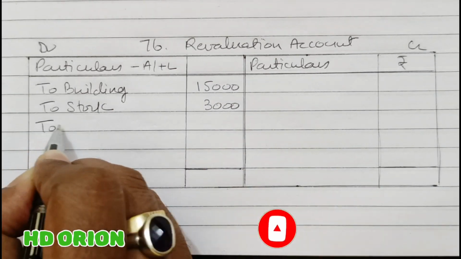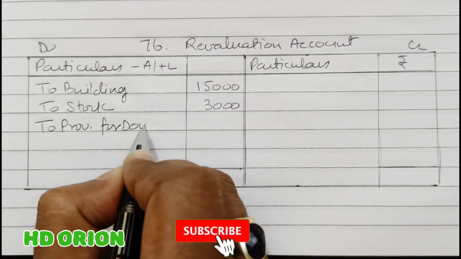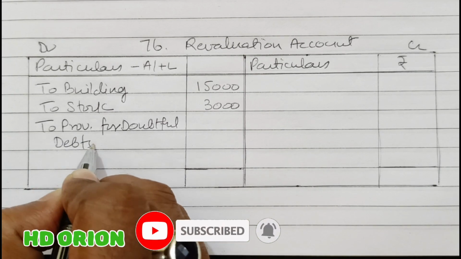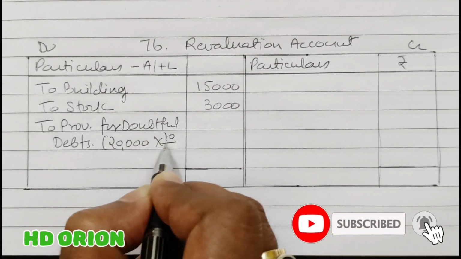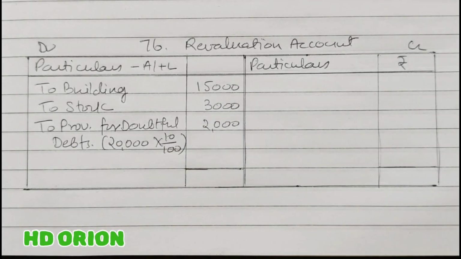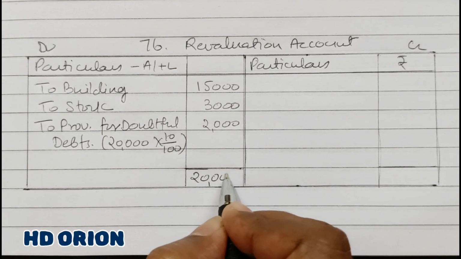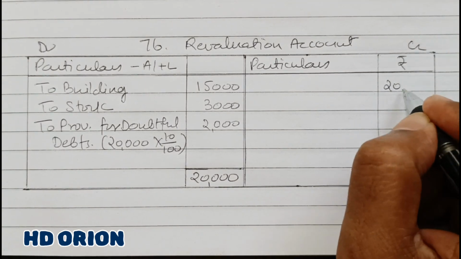And we have to create provision for bad and doubtful debts. Debtors are of rupees 20,000 and 10% provision we have to create. So there is an increase in liability of rupees 2,000. That is all. So it is 20,000 rupees total, and we get a debit balance of 20,000, and therefore it is a loss.